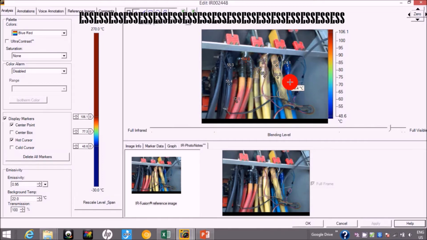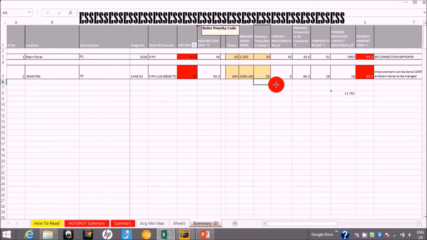On B phase it is 52 and then 72 and 73, 66, so that is perfectly okay. So here the ambient is the culprit for the other phases, like Y and B, where the temperature is 66 because the ambient seems to be in the range of 55.